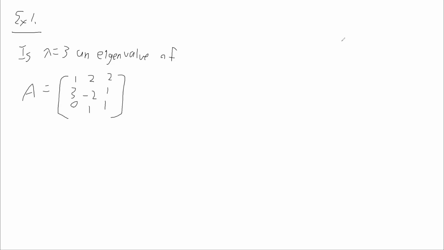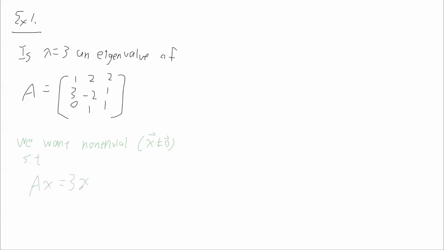All right, so let's focus on the first part first. Is lambda equal to 3 an eigenvalue? Let's go back to the definition. In order for lambda equal to 3 to be an eigenvalue, we want a non-trivial solution, meaning x non-zero, a non-zero vector, such that Ax is equal to 3x.